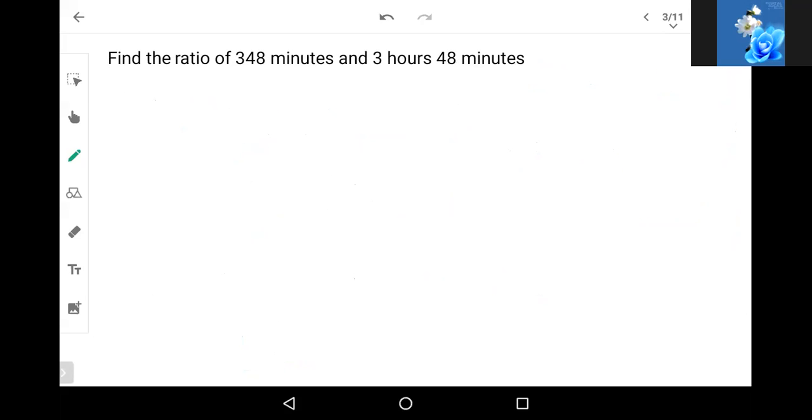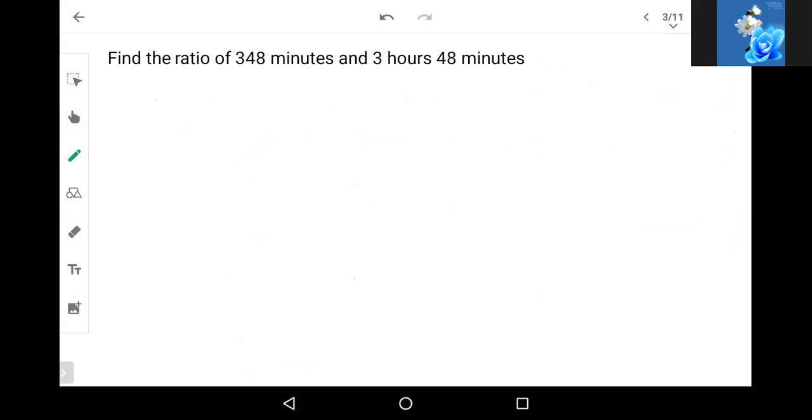Now the next problem is find the ratio of 348 minutes and 3 hours 48 minutes. So 348 minutes is one measure, 3 hours and 48 minutes is one more measure. Now we are supposed to convert this hours into minutes.